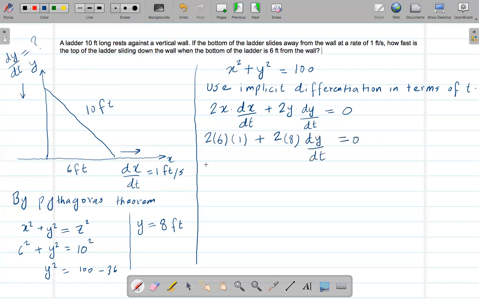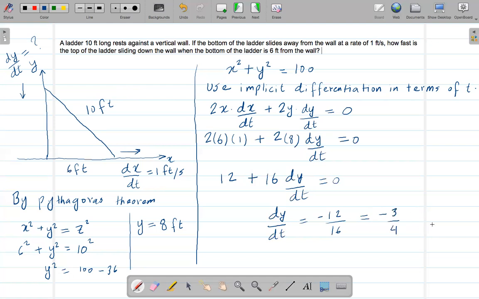From here it's 12, and from here it's 16 times dy over dt. Then move this to the other side, divide both sides by 16. So dy over dt is negative 12 over 16, or simplified, negative 3 over 4.